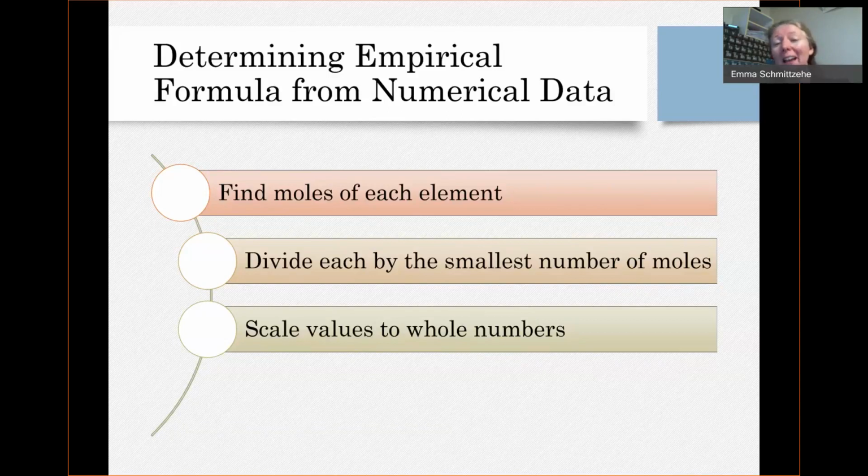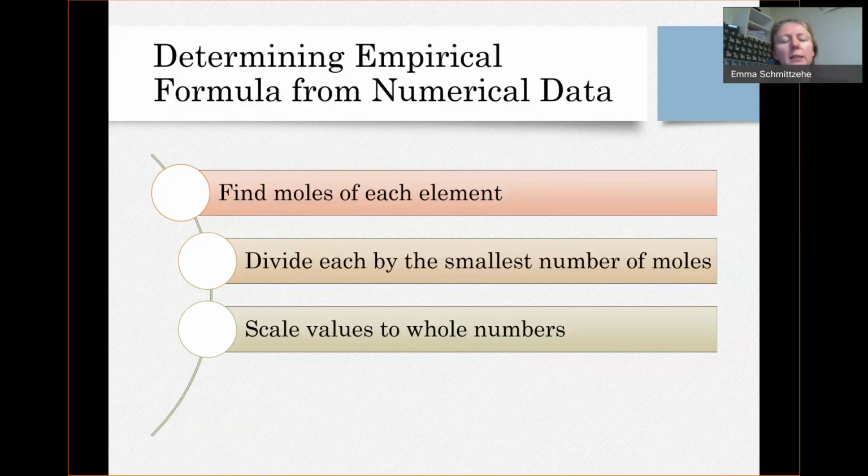If you have something that has like a 0.33 or a 0.66, you would triple everything. Okay, because 0.33 is a third, 0.66 is 2/3. So by multiplying by 3, you would create whole numbers out of everything. Or if you have something like 0.25 or 0.75, you would multiply everything by 4. Okay, so you would scale things to where everything would then be a whole number.